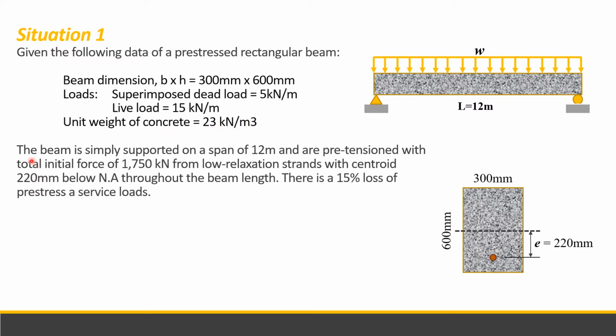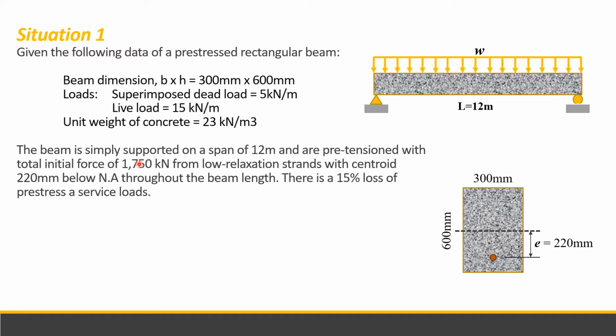The beam is simply supported on a span of 12 meters and is pre-tensioned with a total initial force of 1,750 kilonewton from low relaxation strands with centroid 220 millimeter below the neutral axis throughout the beam length. There is a 15% loss of pre-stress at service loads.